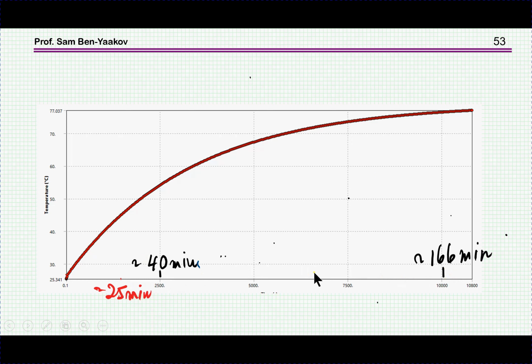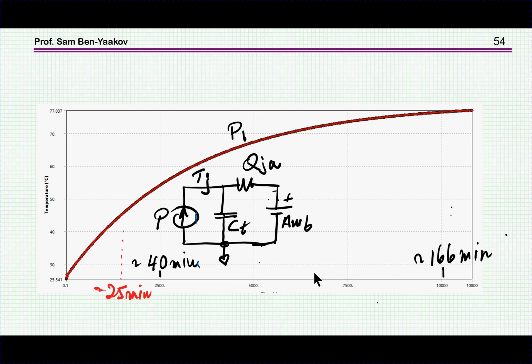So the time constant is very large because the heatsink has a large mass in this particular case. So the equivalent circuit, the first approximation, is something of this nature. This will be the thermal capacity of the heatsink, of the aluminum blocks, and this will be the thermal resistance between the surface and the ambient, and here we have the ambient temperature.